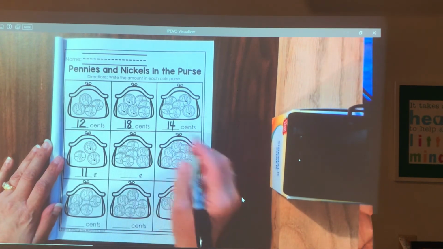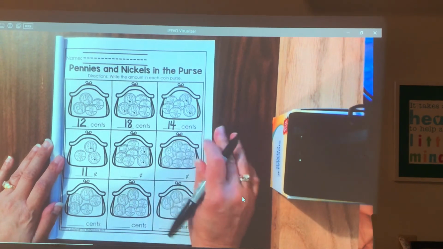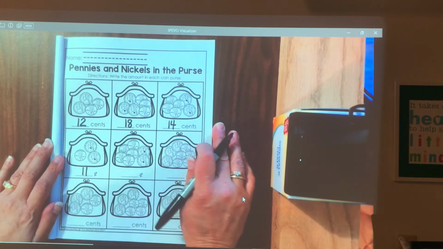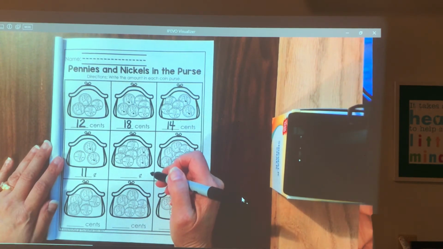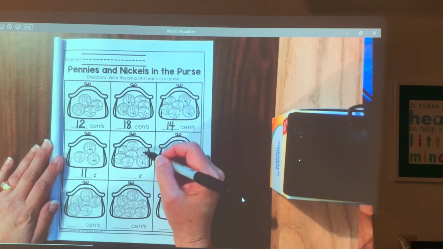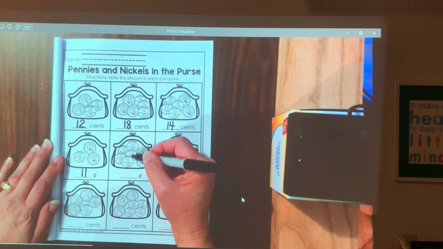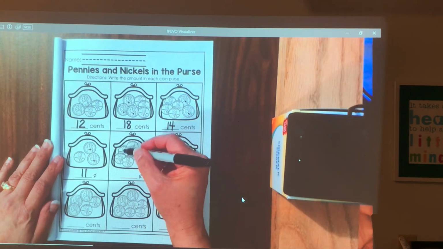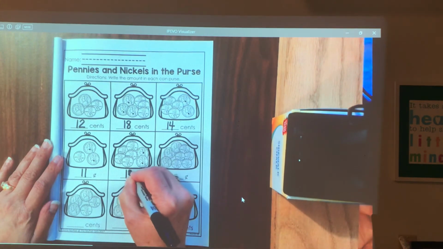Okay? Put a dot on the nickel and a dot on the nickel. 5 plus 5 is what? She said 10. Now we count by ones. 10, 11, 12, 13, 14, 15. 15 is 1, 5.